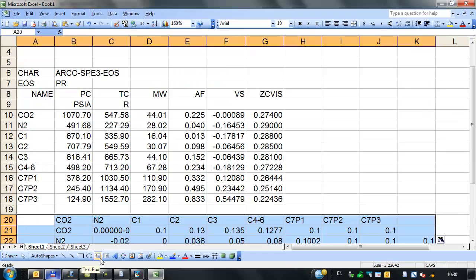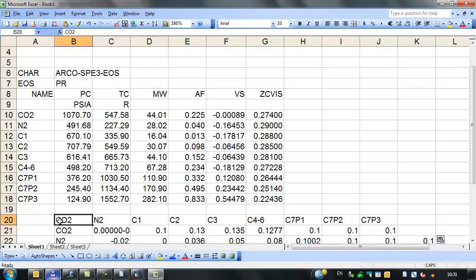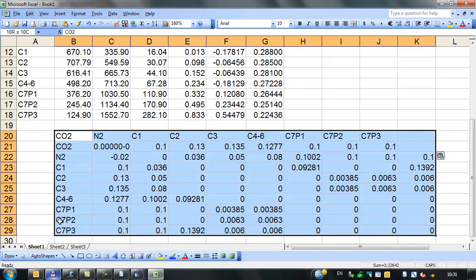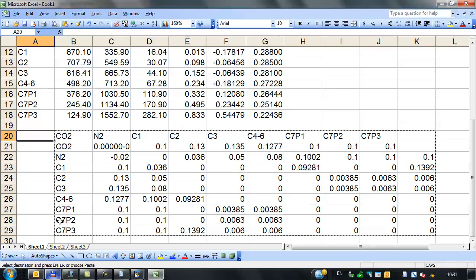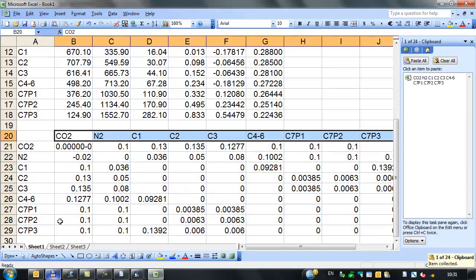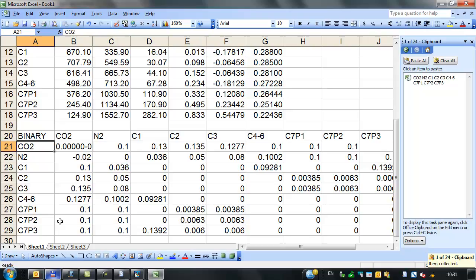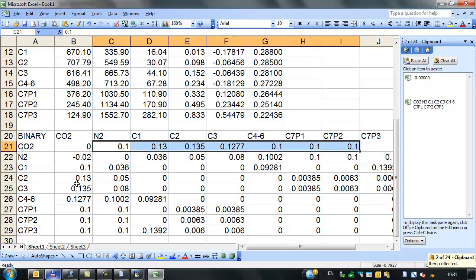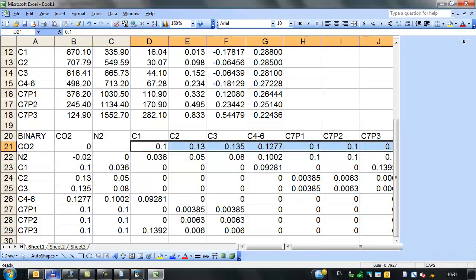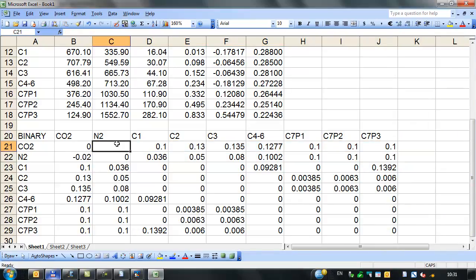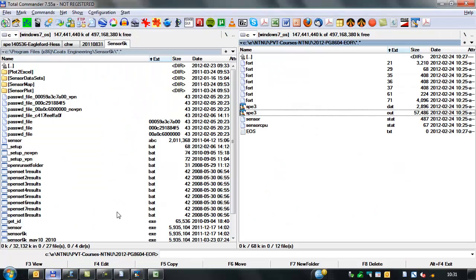Into here. That doesn't look good. That was not good.